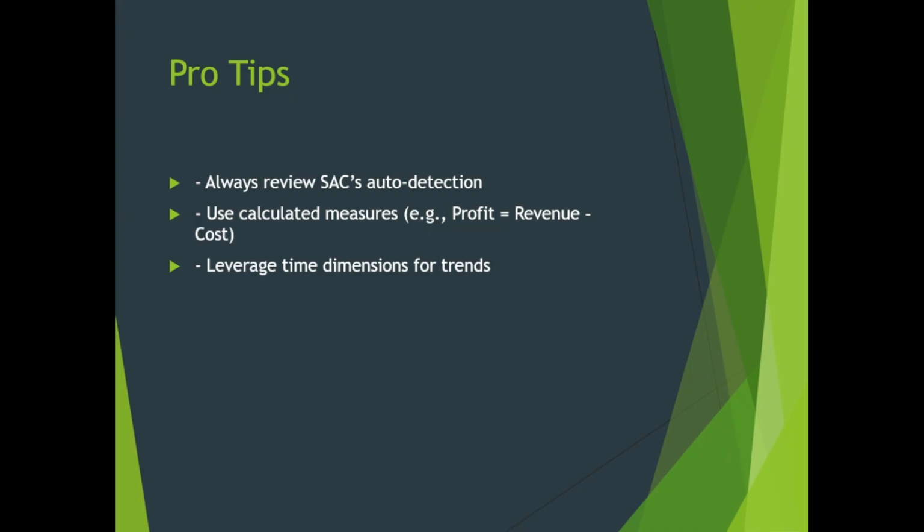So you should create a calculated measure and apply the required formula on that measure at this step. For example, if you want to calculate the profit by using the revenue and cost columns, you can use the revenue minus cost formula at this stage.